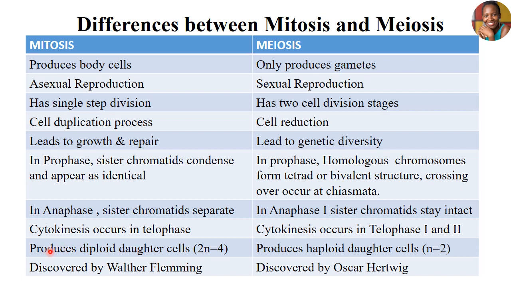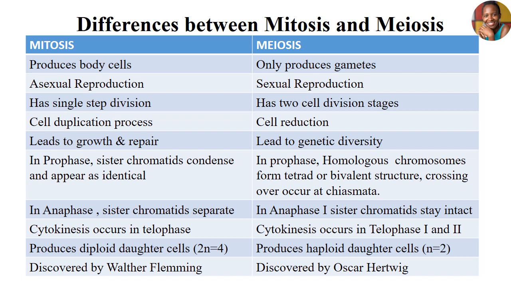And mitosis produces diploid daughter cells, while meiosis produces haploid daughter cells. And lastly, mitosis was discovered by Walter Fleming, while meiosis was discovered by Oscar Hartwig.